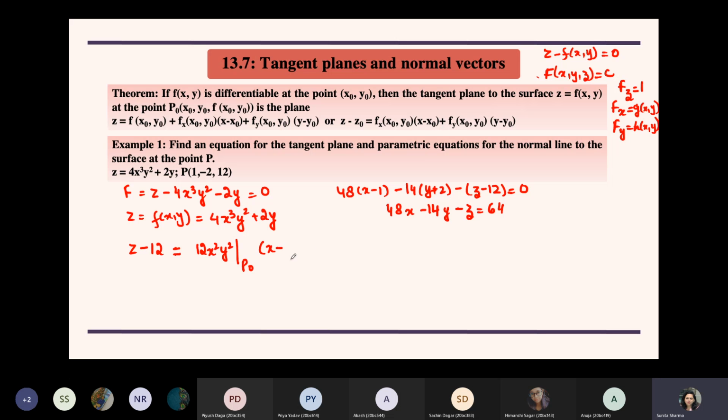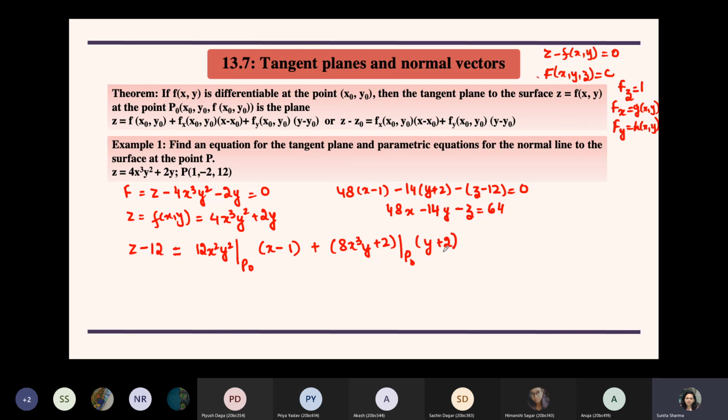So x minus x naught is 1, plus the partial derivative of this expression with respect to y. So only this part you have to check. That is 8x cube y plus 2, and this I have to evaluate again at p naught, multiplied with y minus y naught. So that is y plus 2.